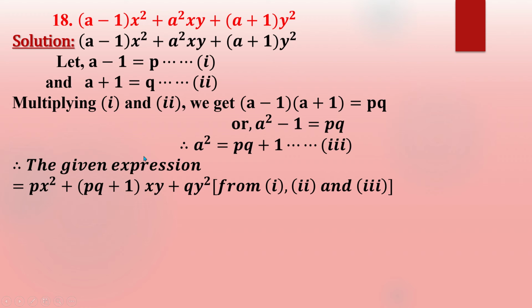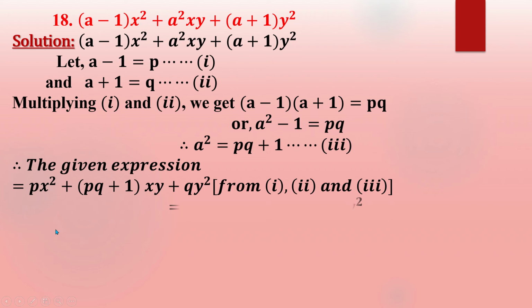Therefore the given expression will be p into x square, because a minus 1 means p, plus a square means pq plus 1, that means pq plus 1 into xy plus qy square. a plus 1 means q, so we can write q into y square.